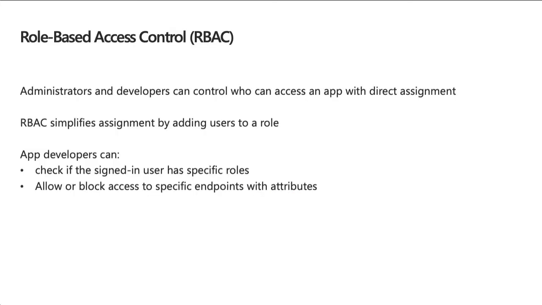While administrators can control what users have access to an app using the User Assignment Required property, developers would need to account for specific users within the app. RBAC helps you manage resources, what areas of an app users have access to, and what they can do with those resources.